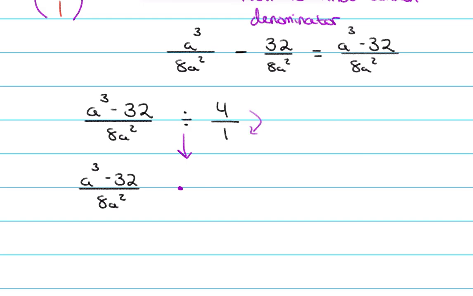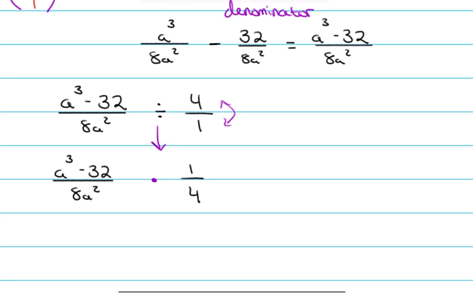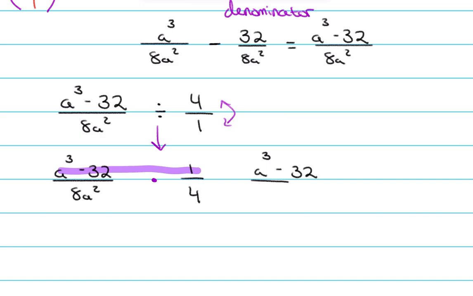So this is going to become 1 over 4. And then we're going to multiply across like we've done before. We're going to have 1 times a cubed minus 32. Remember, when you multiply 1 by anything, it is itself. So I'm just going to have a cubed minus 32 over, and then I'm going to multiply 8a squared times 4. 8 times 4 is 32a squared.